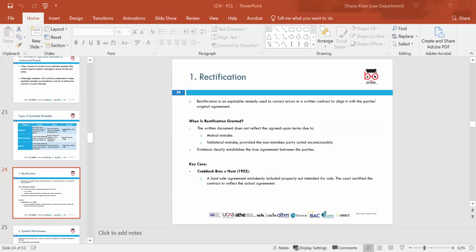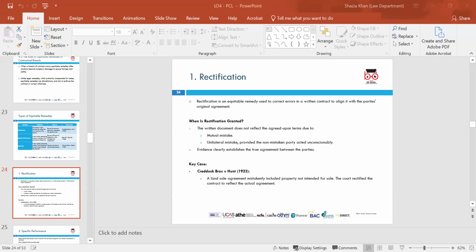Rectification is an equitable remedy that allows a court to fix mistakes in written documents, such as contracts, to accurately reflect the parties' intentions. It's only available for written documents, not oral documents. As we've said, oral documents cannot be rectified under this.